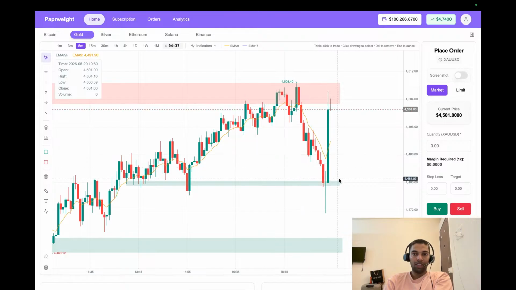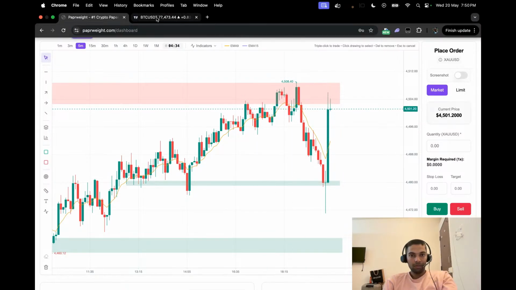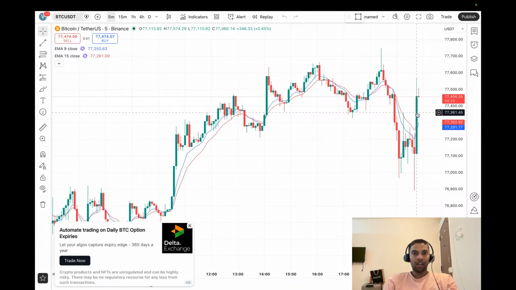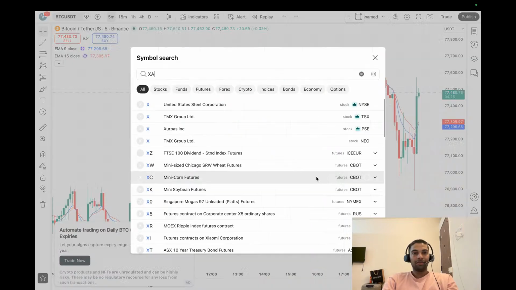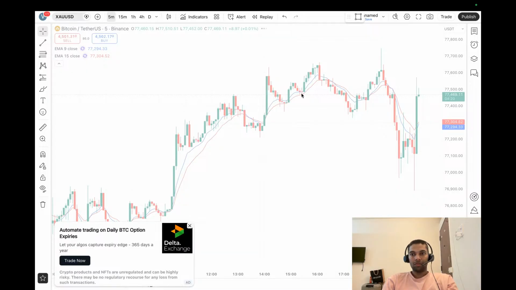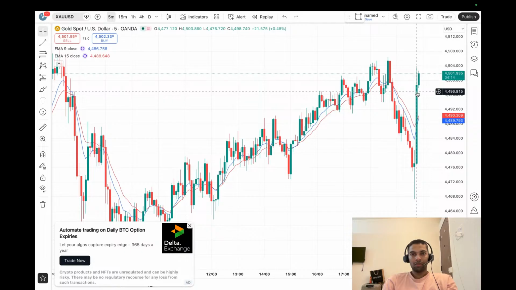Total manipulation, guys. Just look at this candle. This candle is a 346 points candle, guys. 21 points.